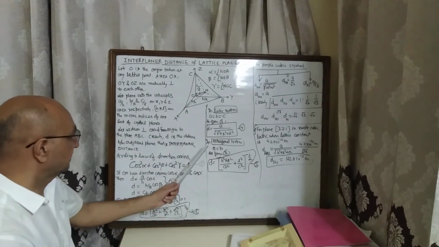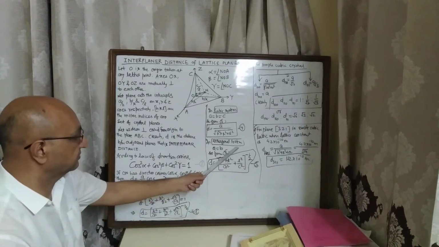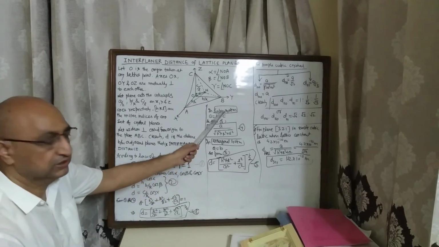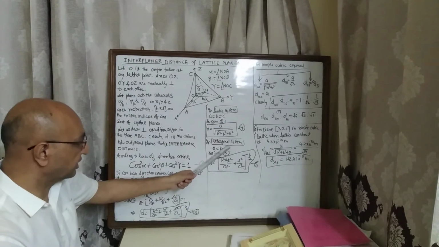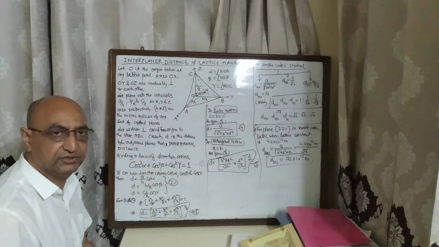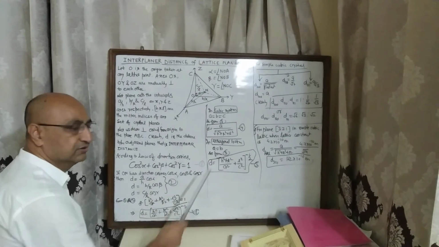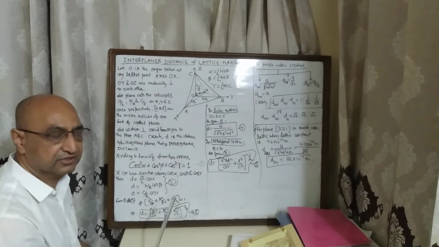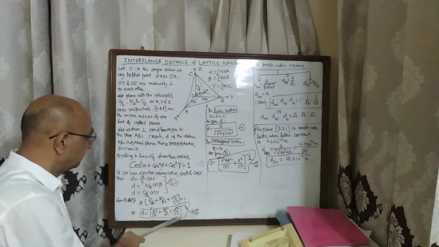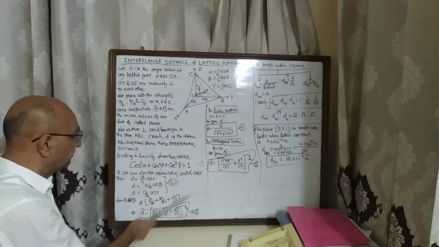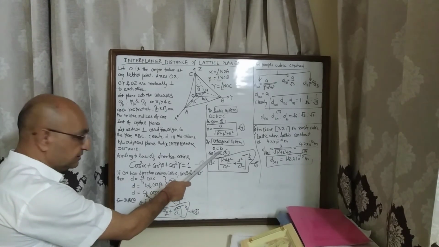Now for the tetragonal system, this was the cubic system. In the tetragonal system a is equal to b, but not equal to c. So in formula number 3, we put a equal to b.